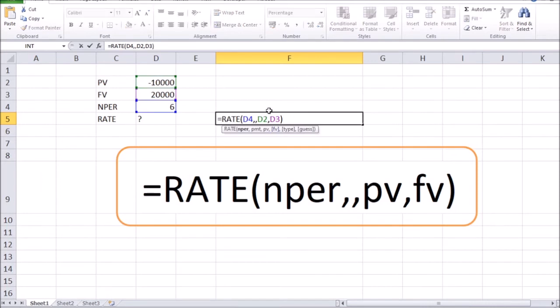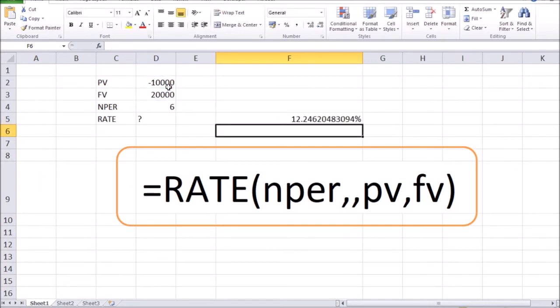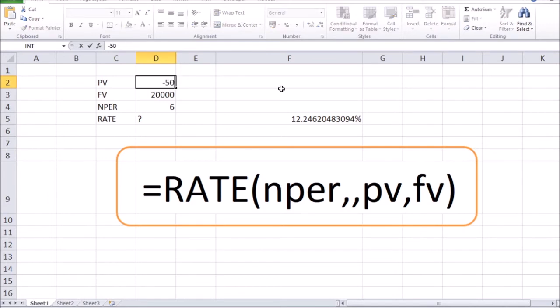Again, the formula is actually the same. So I'm just going to change the numbers here, and you'll see the calculation is very easily done by Excel, done by the computer. So presently, today, you're going to invest $5,000, and in the future, you will need $75,000, and that future is coming after 17 years, right?